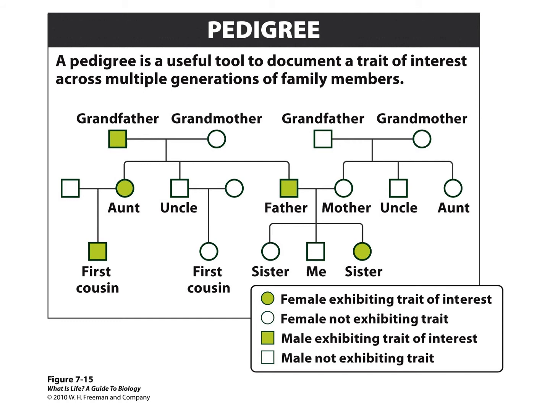So that's a signature of a trait that would be autosomal and dominant. If you want some practice interpreting and even constructing a pedigree, check out Lab 11. There's a pedigree activity in that lab.